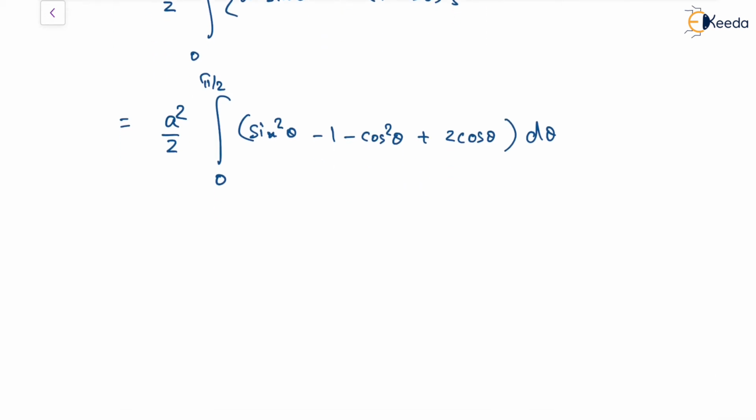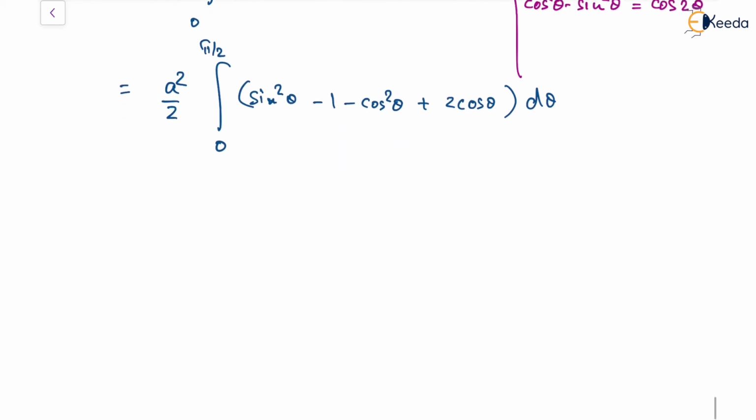A few identities might be helpful here. We know that cos square theta minus sine square theta is cos 2 theta. What we have here is sine square theta minus cos square theta, so that should be minus cos 2 theta. So just writing that part, minus cos 2 theta, minus 1 is already there, and 2 cos theta is also here.